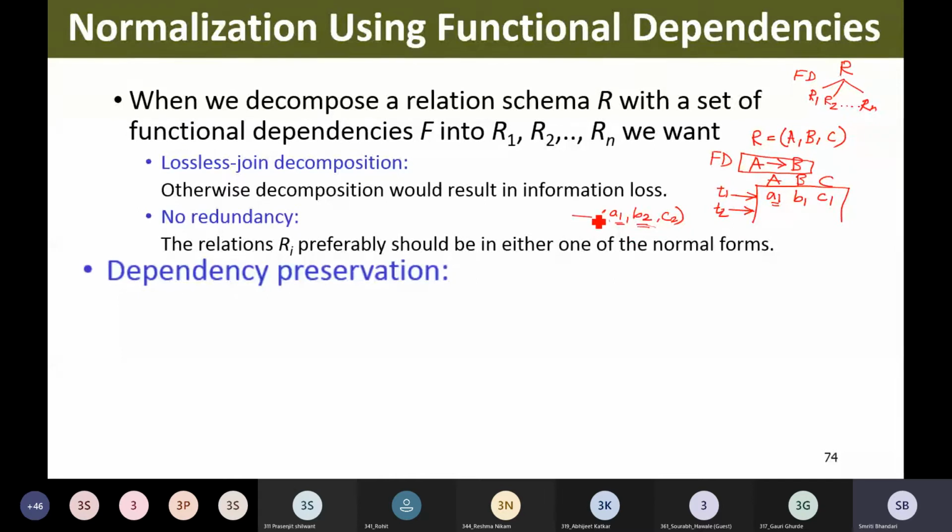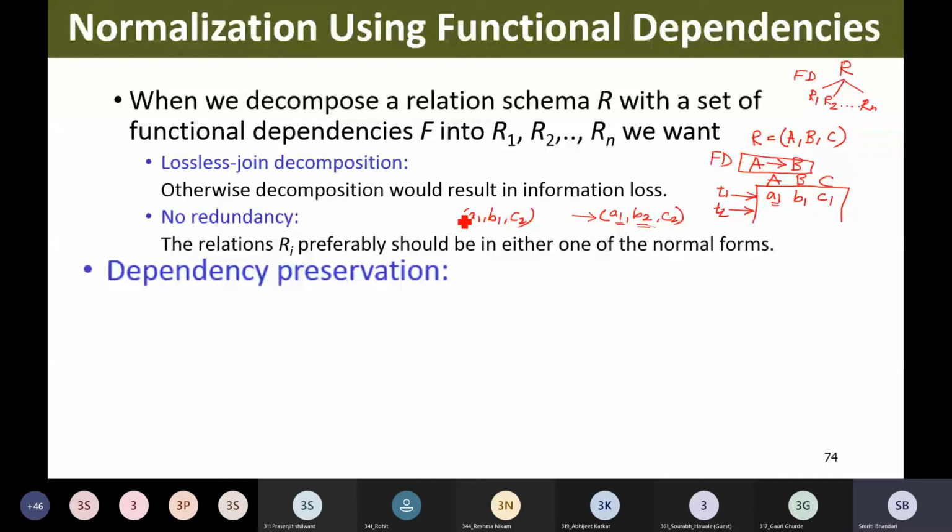And that is why if I try to insert such a tuple in my relation, this tuple will not be accepted, because it is violating my functional dependency A determining B. Right? But instead, if I try to input the data like A1, B1, C2, then the system will check whether A is determining B. Yes, for attribute A, if the tuple is having value A1, then my value of B must be B1, and I am inputting the same.